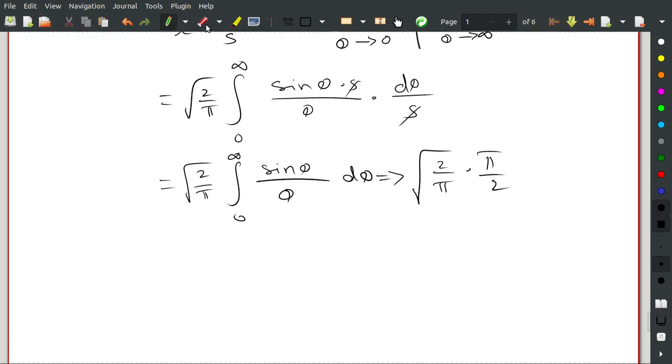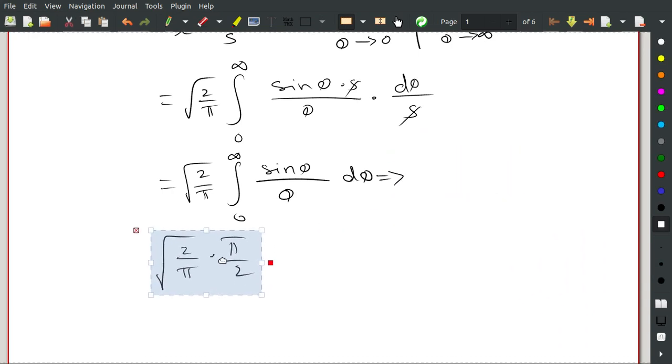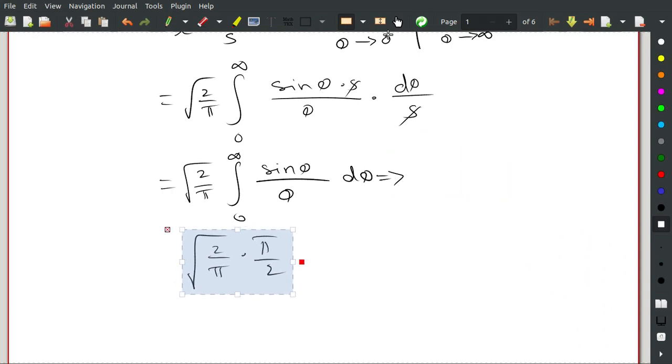So let me bring this here so you can understand it in a better way. This integral value is equal to pi by 2.